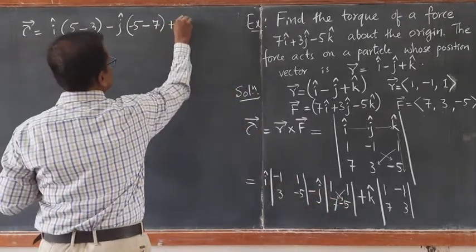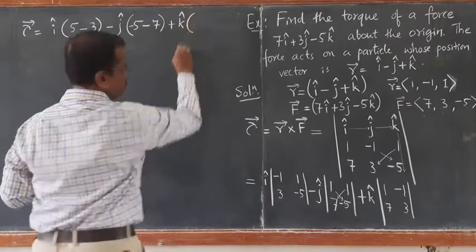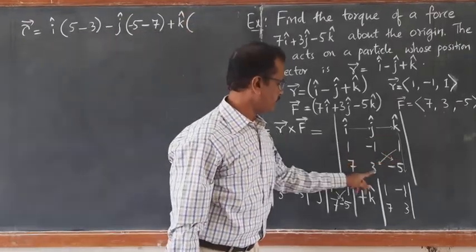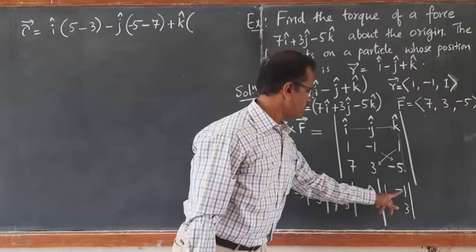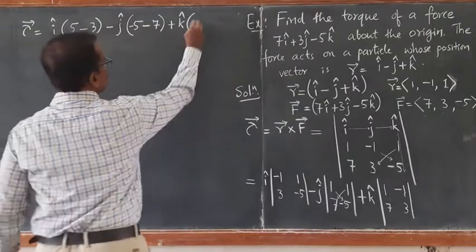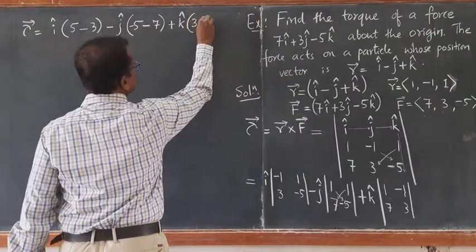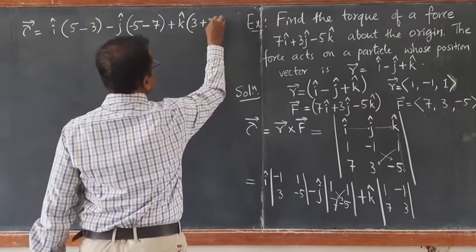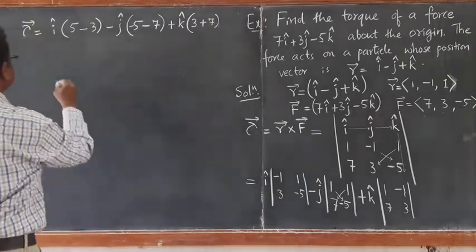Plus k cap, you have to be very particular about the signs. k cap into 1 into 3 minus of minus 7 into 1, that is 3 plus 7. Now we can simplify.